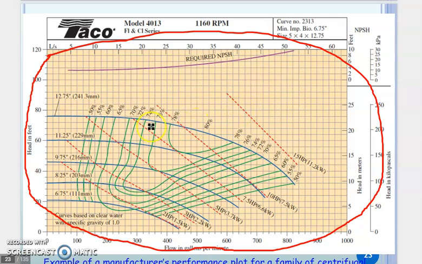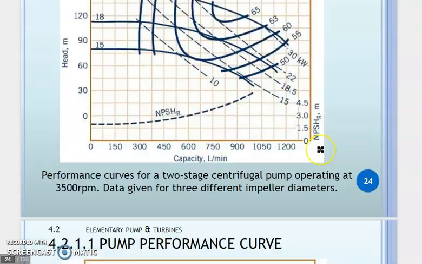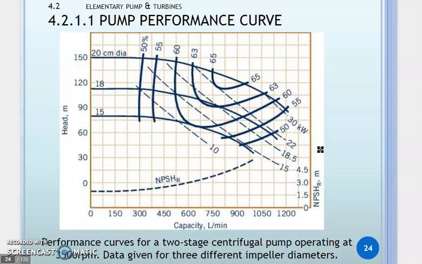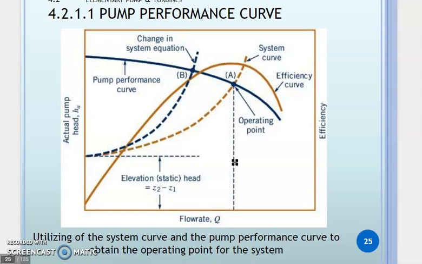So you need to select a pump. So this is a typical catalog that you will see when you work later. Okay. So this is once again, okay, a two-stage centrifugal pump operating at 3,500 RPM.